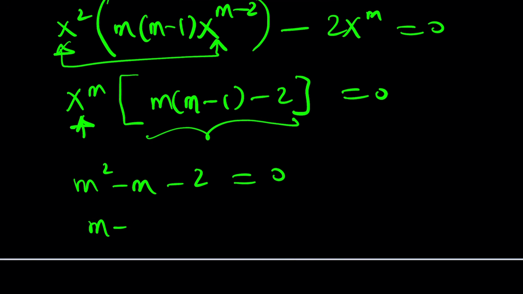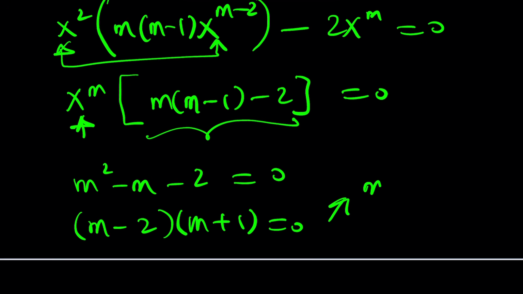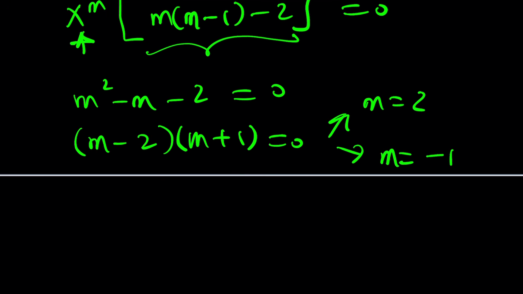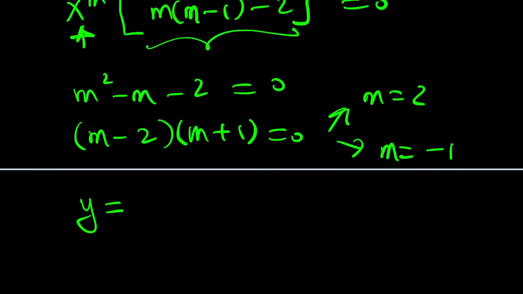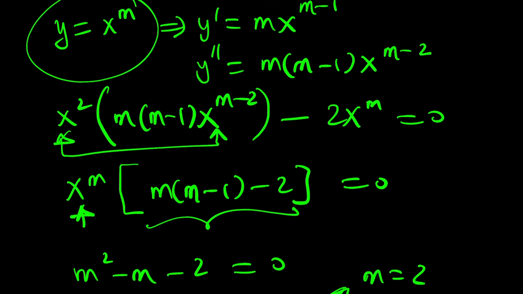Now, this is factorable again with the same method, m minus 2, m plus 1 equals 0. From here, m equals 2 and m equals negative 1 are the solutions to the quadratic. And of course, we assume that y could be written as x to the power m, but there are two possible values.